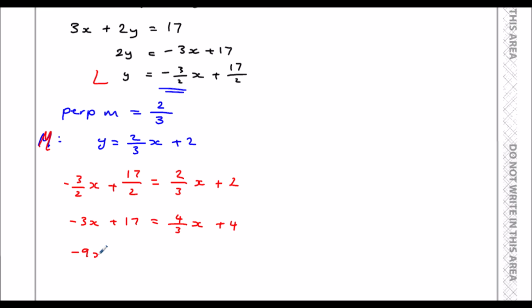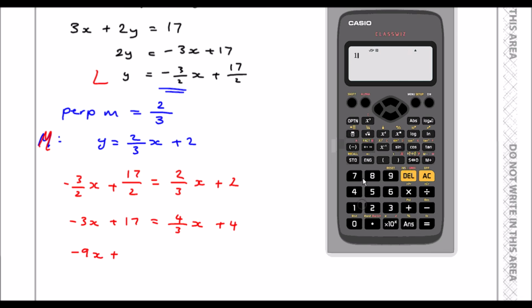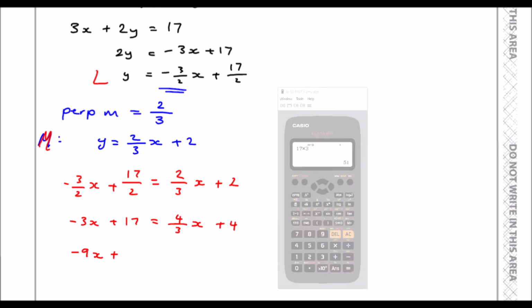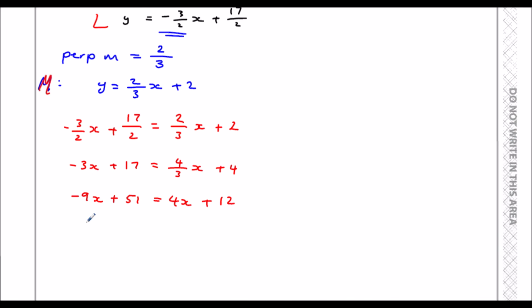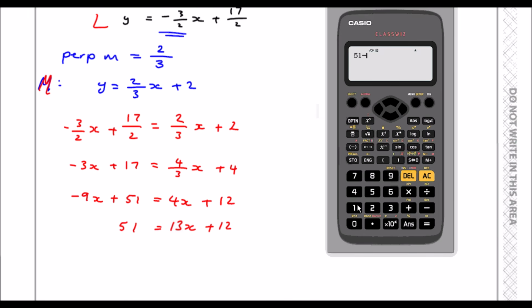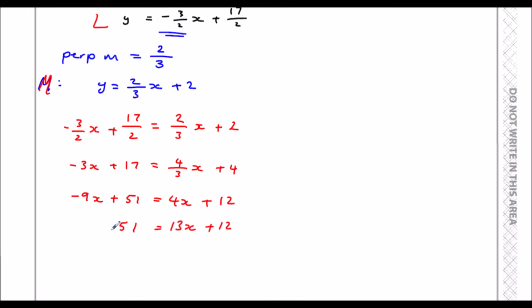So minus 9x plus 17 times 3 is 51 equals 4x plus 12. Now it should be a lot easier to solve. So plus 9x to both sides. 51 is equal to 13x plus 12. Take 12 away from both sides. So 51 take away 12 is 39. And divide both sides by 13. So x must be 3.